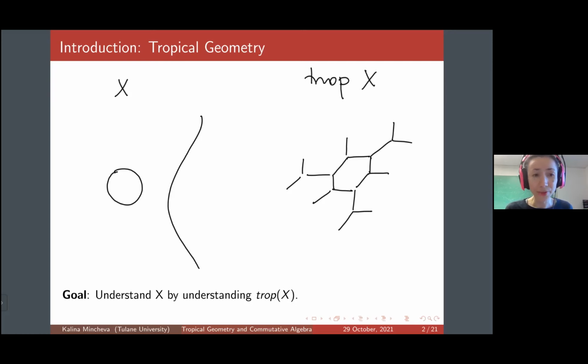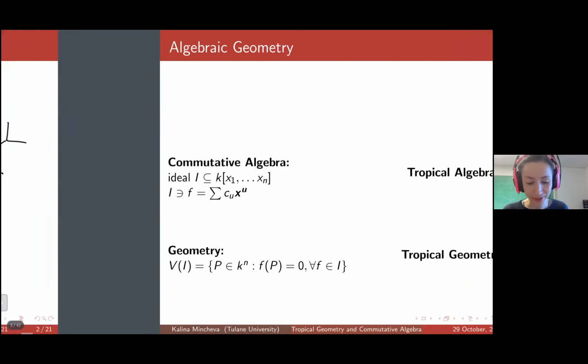So how do we do that? Well, we want to find a map that goes from my algebraic curve to my tropical curve, or my algebraic variety to my tropical variety. So let's first very quickly look at what we do in algebraic geometry.